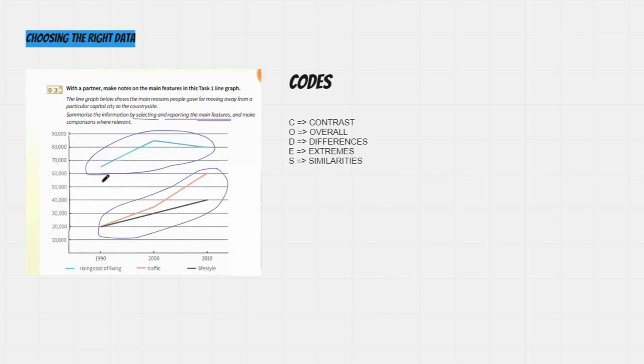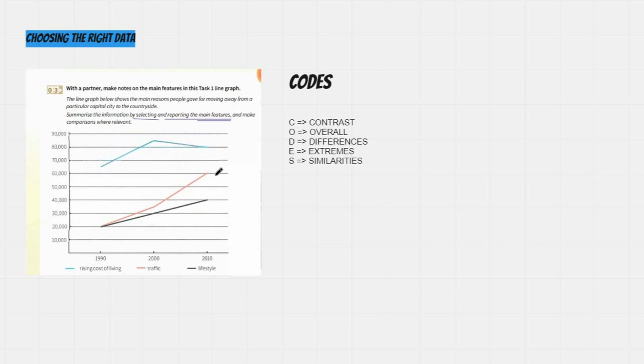So we could say something like, while the number of people who moved because of the rising cost of living was the only number that actually fell a little, it still increased throughout the period.